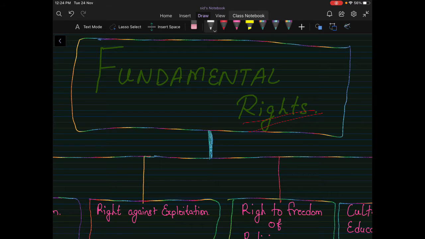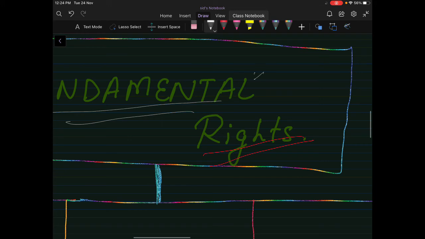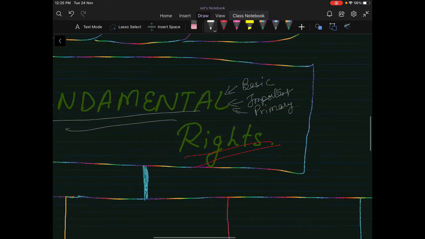Fundamental means basic and important, or also can be regarded as primary. So what do you mean by rights?